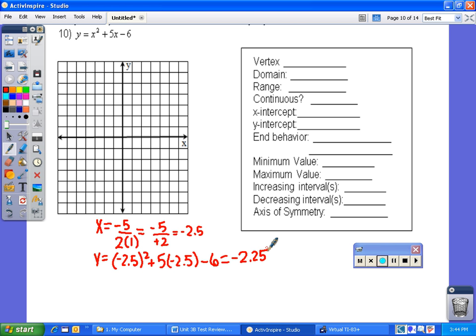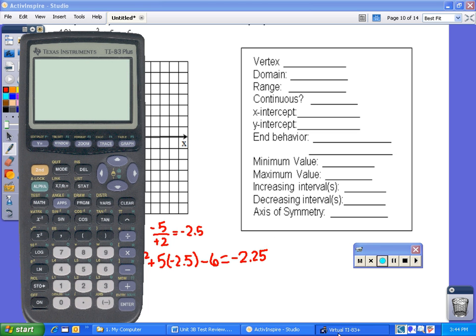You can also put it into your calculator. So we have x squared plus 5x minus 6, and then you can just press zoom 6 and it'll give you the graph.